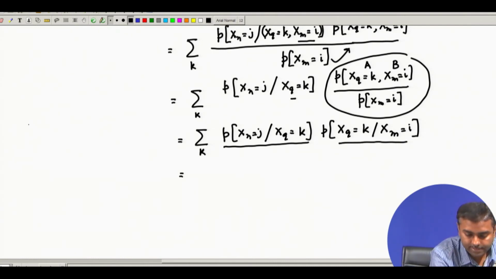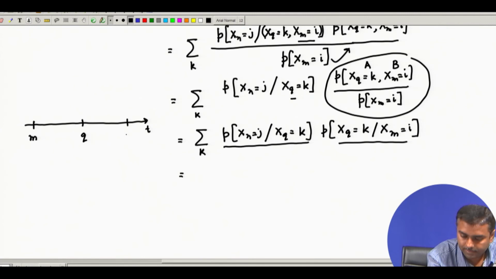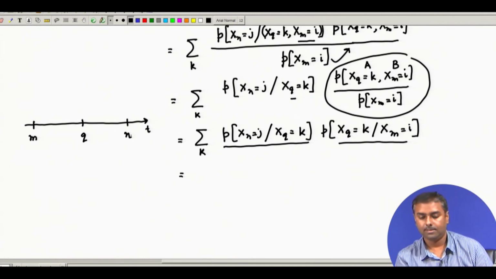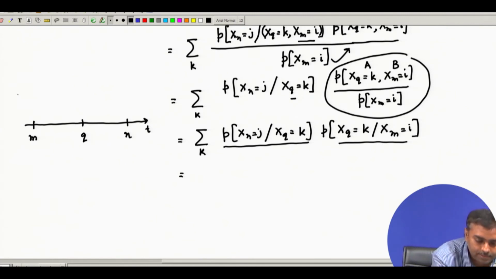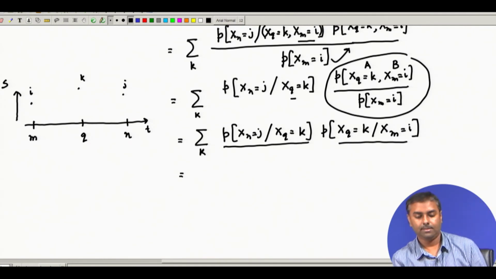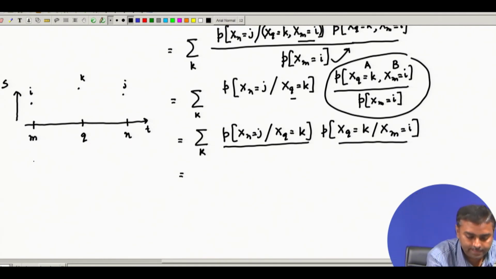Again, if I draw the time diagram over here, I have a time, I had some m instance, some intermediate q instance, and this n instance. Over here I am drawing the state: it was in i, at this instant it is in k, and at this instant it is in j. We had described something called P_ij(m,n).